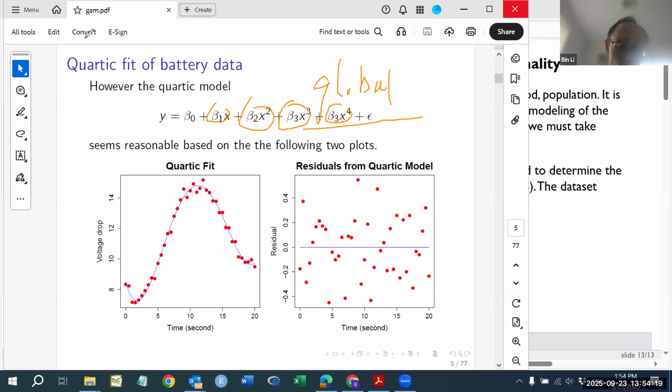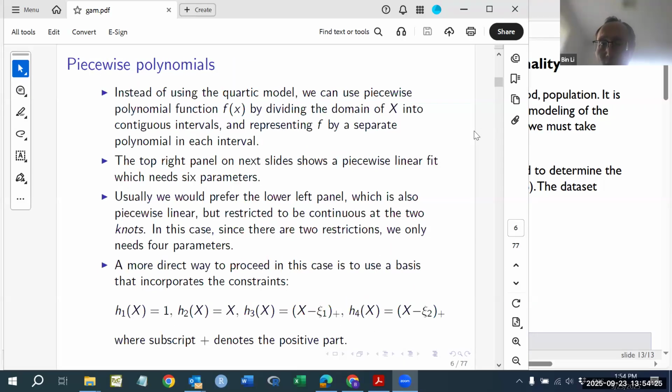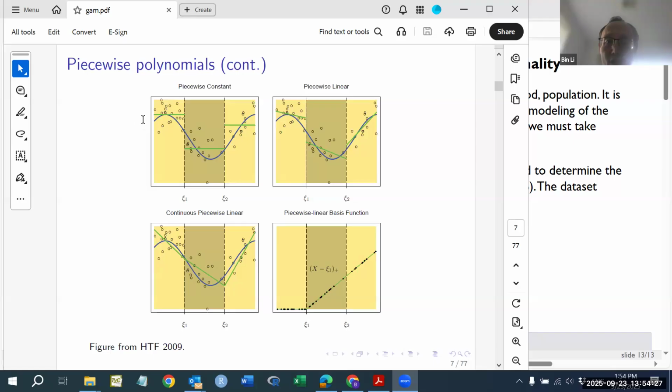So what is a piecewise model? A piecewise model is not a global model, it is a local model. Here I have the piecewise constant model. Why is it called piecewise constant? Let's say this is the range for x.